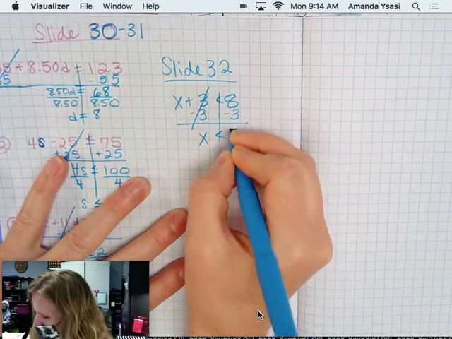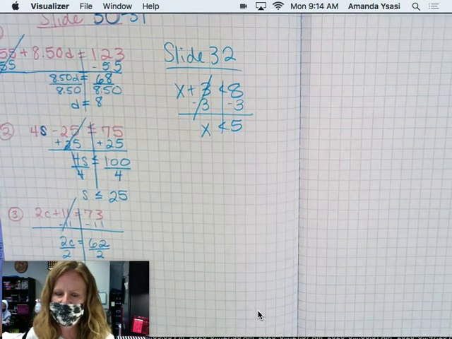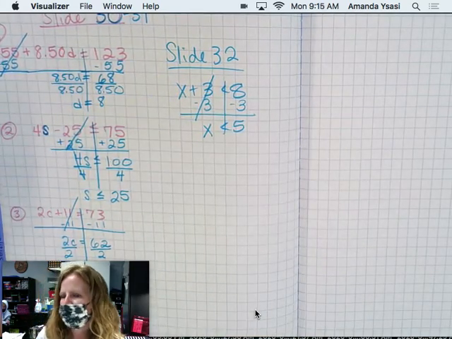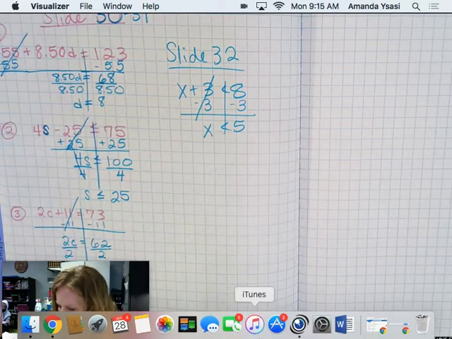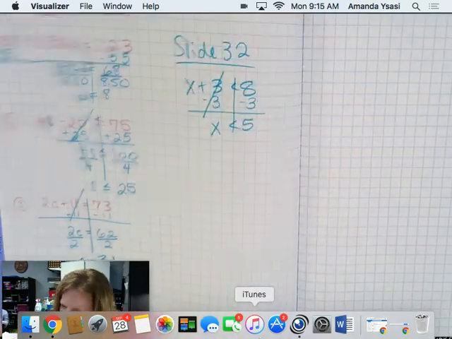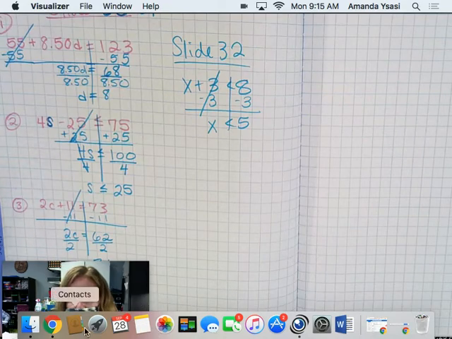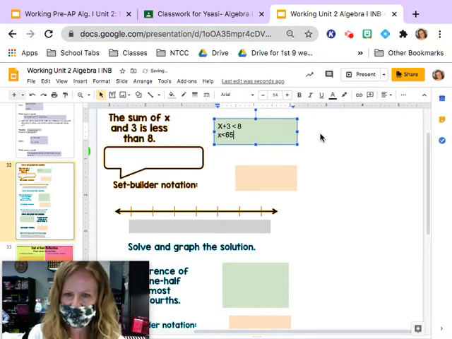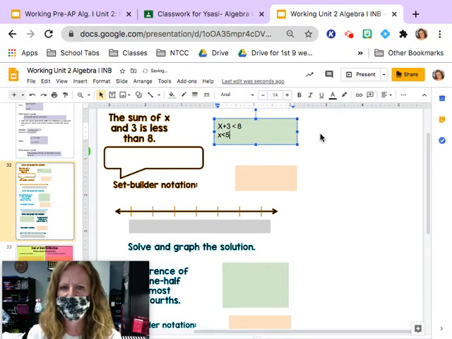So x is less than 5. So that's what we'll write underneath. X is less than, oh, not 65, 5.